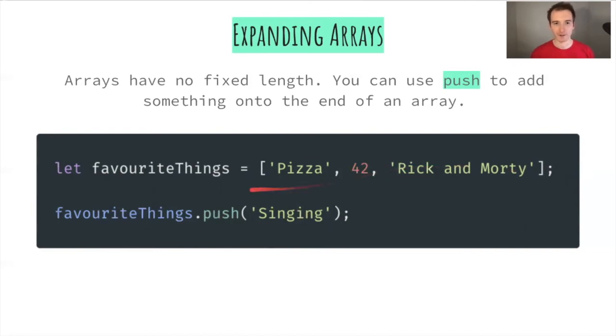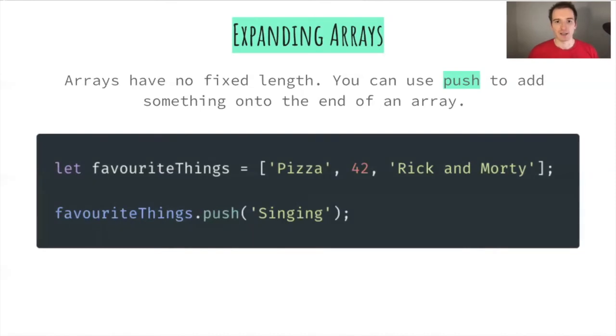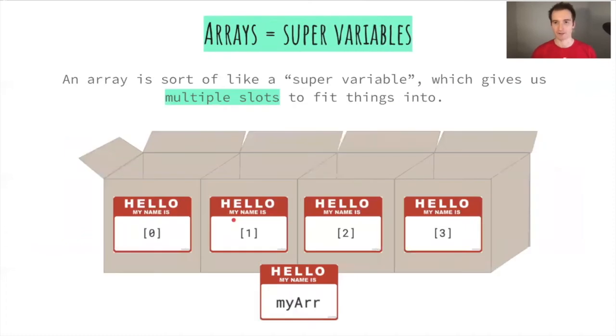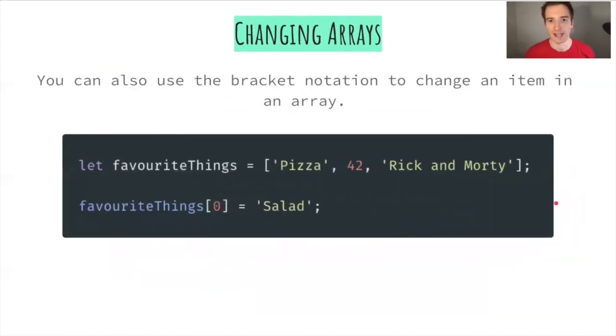I'm going to talk about what exactly this is in a couple of slides because I think it's quite interesting and quite useful to understand. But yeah, this is how we create another box on the end of our array that we can put more things into. We just need to use this push syntax to add something on the end.